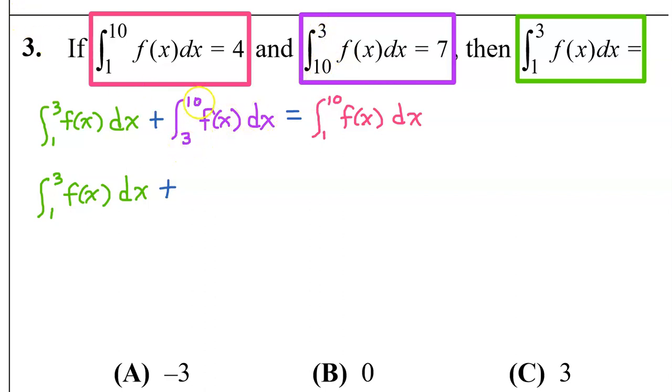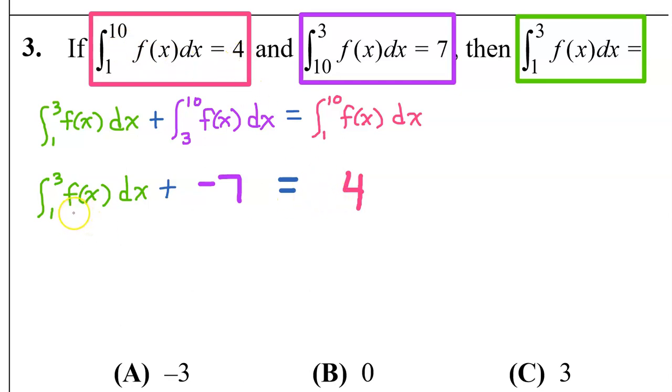Reversing the limits of integration will give you the opposite sign. So if the integral from 10 to 3 is equal to positive 7, then the integral from 3 to 10 will be negative 7. We can complete the equation like this because we were given that the integral from 1 to 10 is 4.